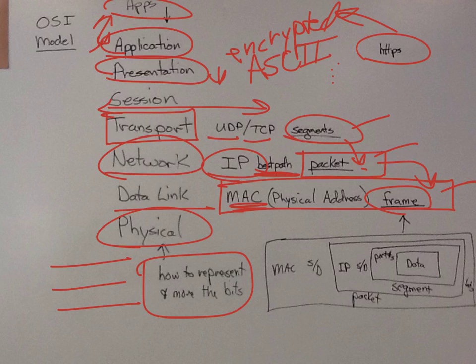So if we look at this, here is that valuable data in there. And then we make a segment. We got port numbers. And to the next layer, it thinks that's just all data. Then we go to source and destination IP addresses. So that segment now becomes a packet.